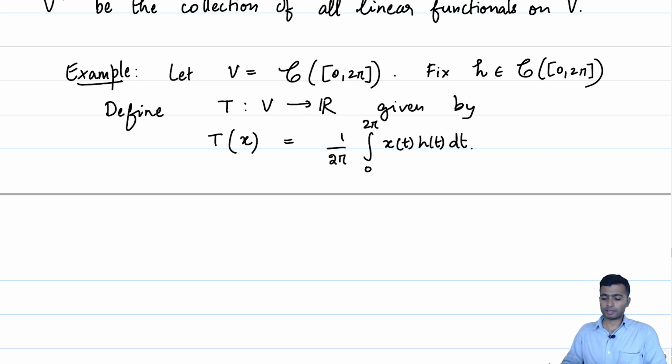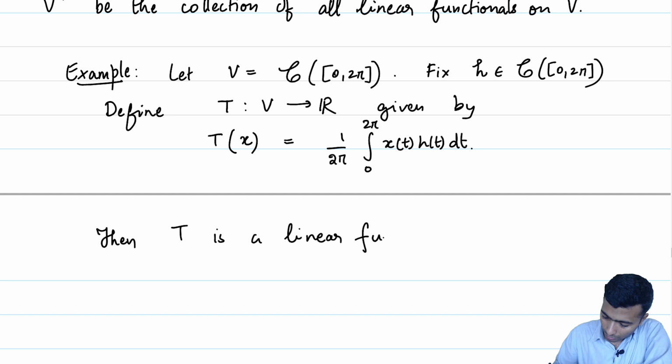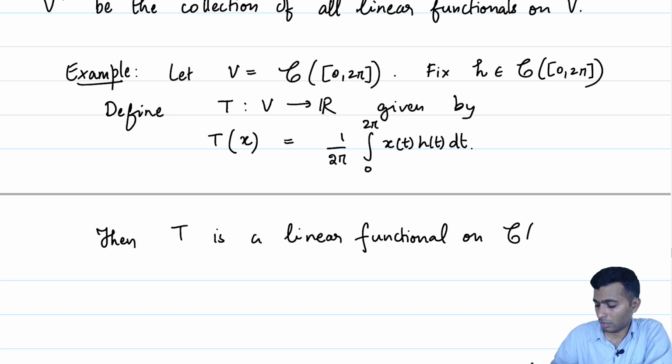We have already seen such examples of linear maps, and it is easy to check that this is indeed a linear transformation. So, then T is a linear functional on C of 0 to 2 pi.